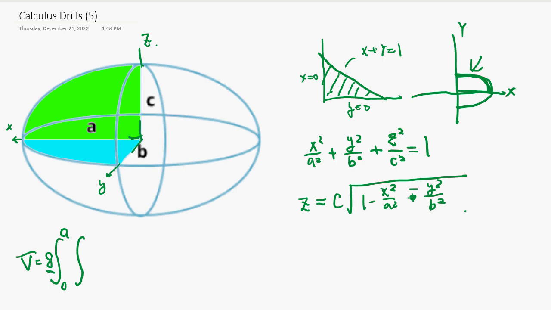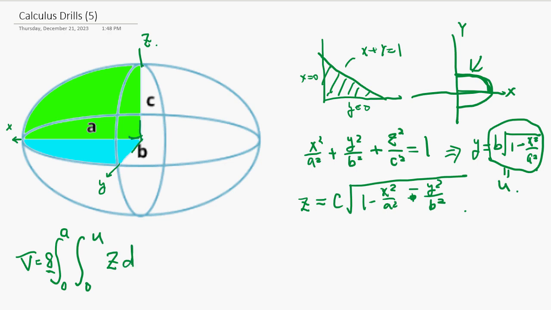And y is on the xy plane, where z is 0. So from here, y is going to be b times the square root of 1 minus x squared over a squared, right? So this is the boundary. Say the boundary is u. So 0 to u, and z dx dy.